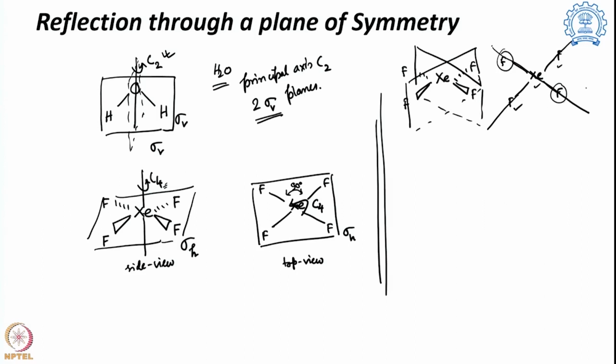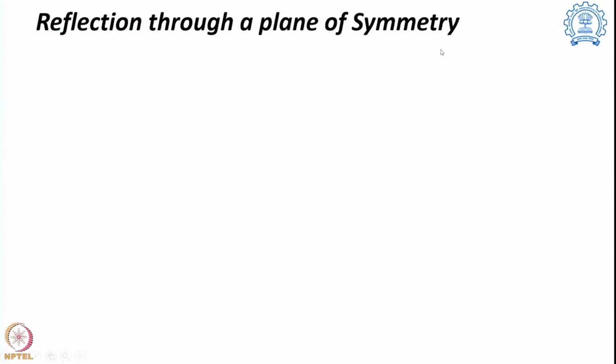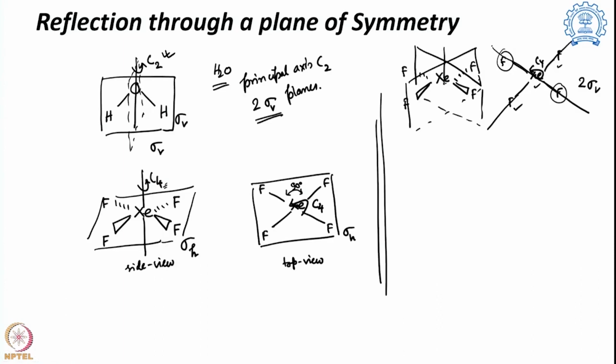And these are the two different sigma planes. We will call them sigma V for now because they contain the principal axis C4. Both of them contain the C4 axis of rotation. So, that is why we call them sigma V, but these are not the only two ones.